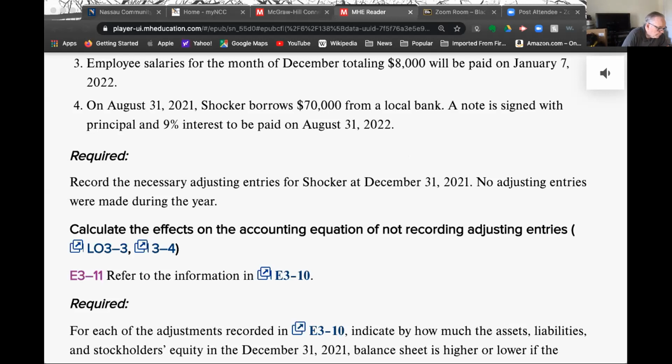Depreciation on machinery, 5,500 for the year, right? Thank God, that's a simple one. Debit depreciation expense, credit accumulated depreciation.